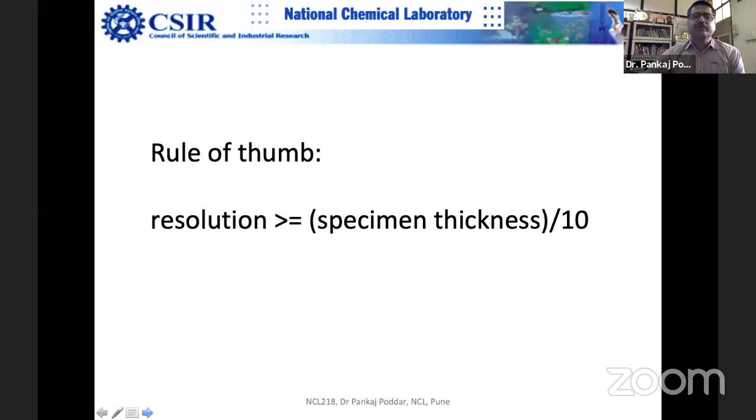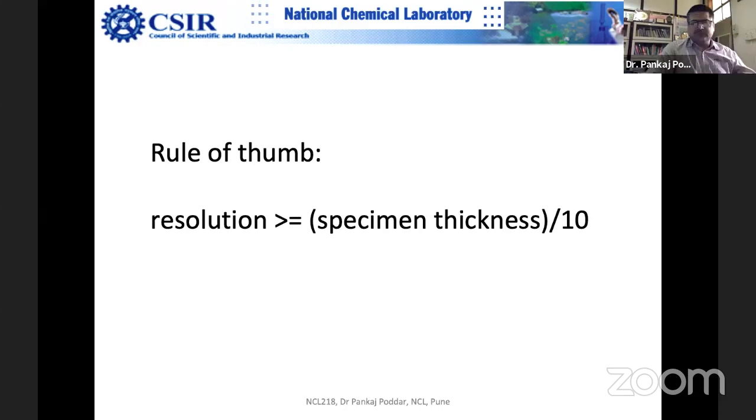So even if you take the most perfect energy source, electron source, your resolution is limited by sample thickness divided by 10. So if you want to see 1 nanometer resolution, your sample thickness should be 10 nanometers or basically less.